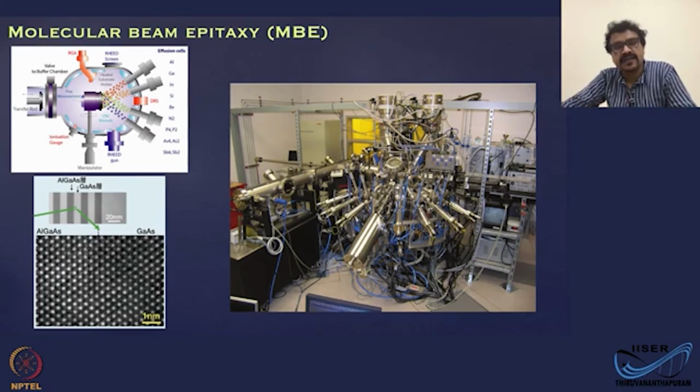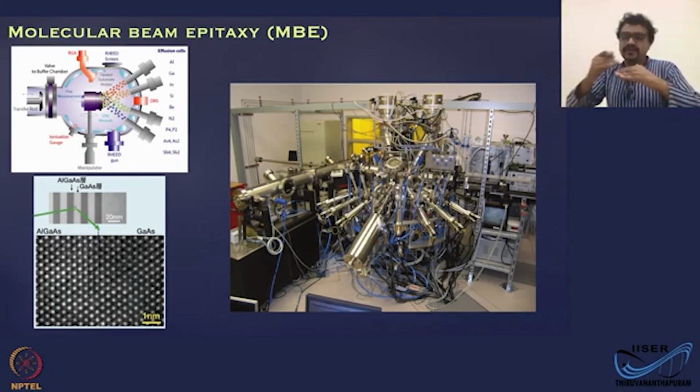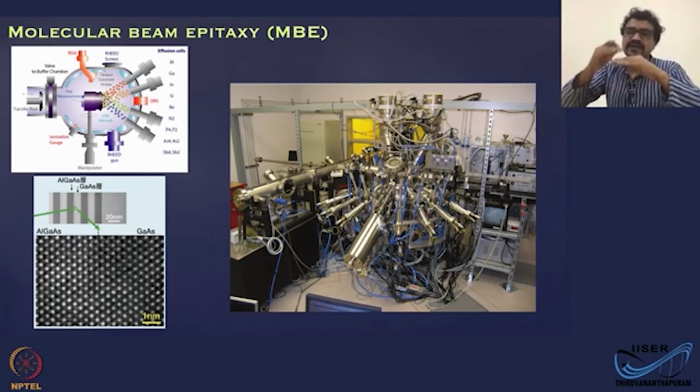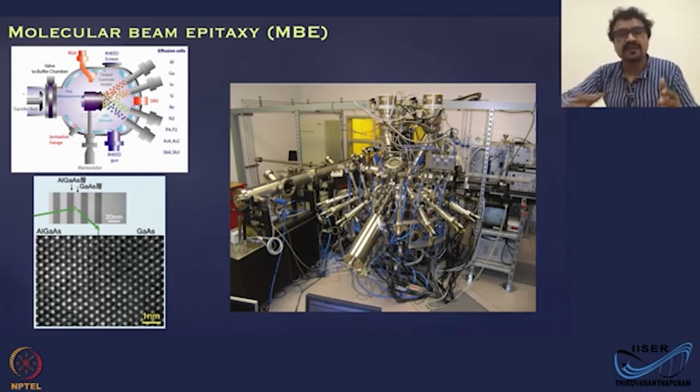The overall process is called epitaxy, where you are growing layer by layer, atom by atom, one material on top of another material, and you can stack various materials in various sequences too. Of course, there are a lot of details, and this is a very tedious and involved process which requires very expensive and highly sophisticated machinery and various characterization tools.